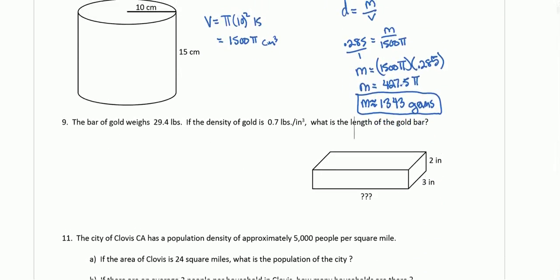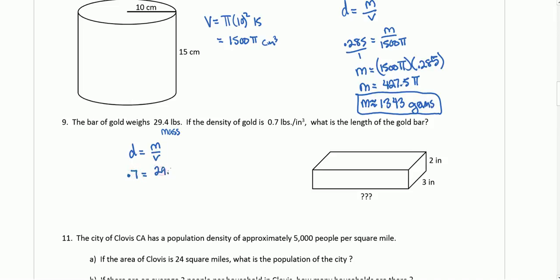We've got a bar of gold that weighs 29.4 pounds, so that's mass. If the density of gold is 0.7 pounds per cubic inch, what is the length of the gold bar? So we have density is mass over volume. Density is 0.7.